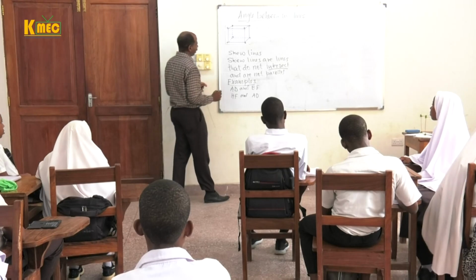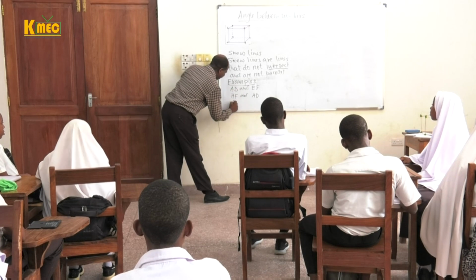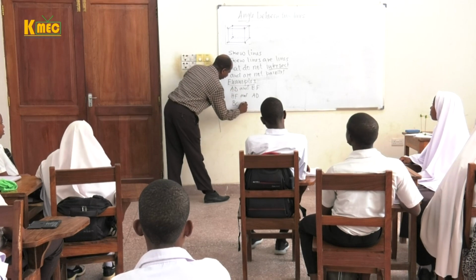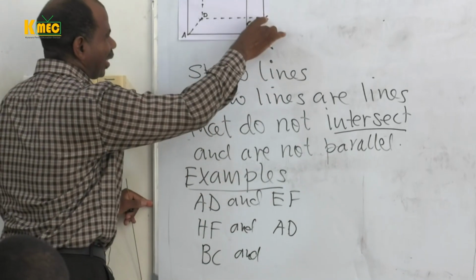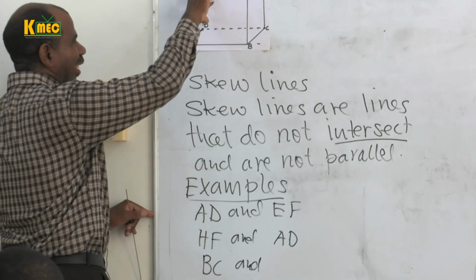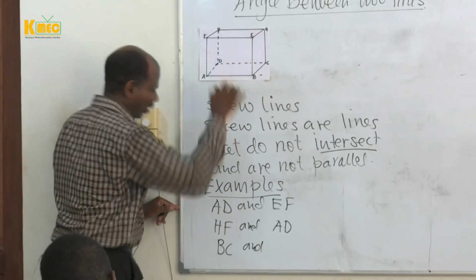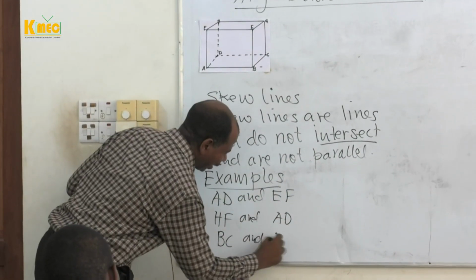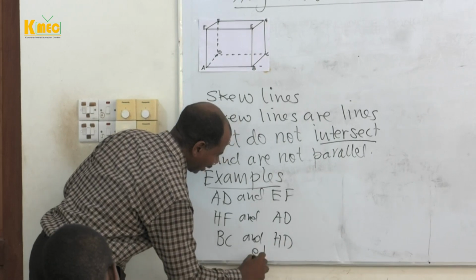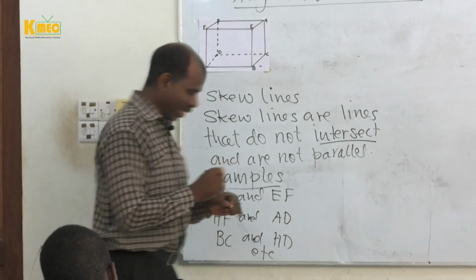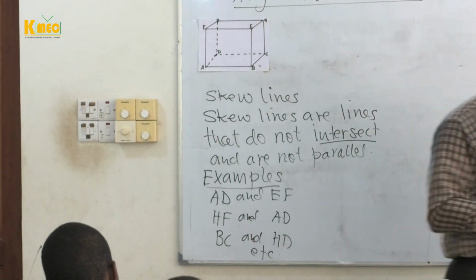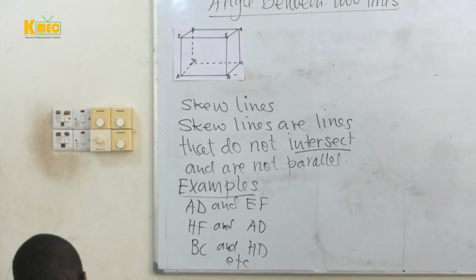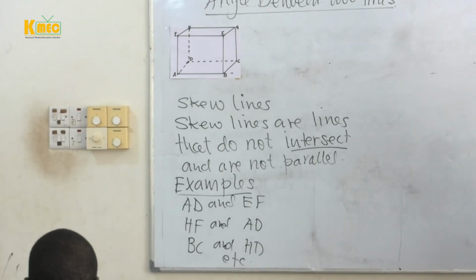And also the line BC and the line HD, etc., because there are so many lines. So these are skew lines.